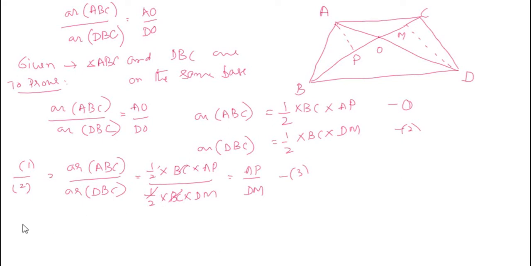Now in triangle APO and triangle DMO, angle APO equals angle DMO, reason is 90 degrees.